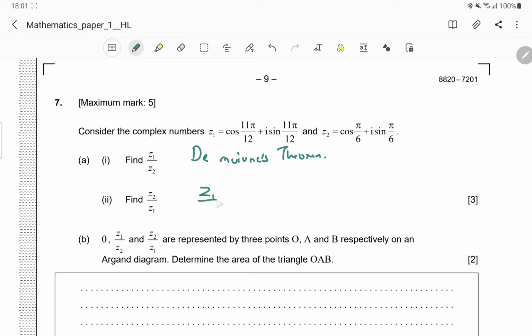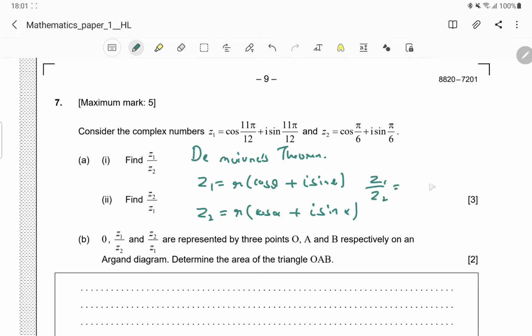So for z1 over z2, I'll just write it. If z1 is r times cos theta plus i sin theta, and z2 is r cos alpha plus i sin alpha, then z1 over z2 is r times cos of theta minus alpha plus i sin of theta minus alpha.